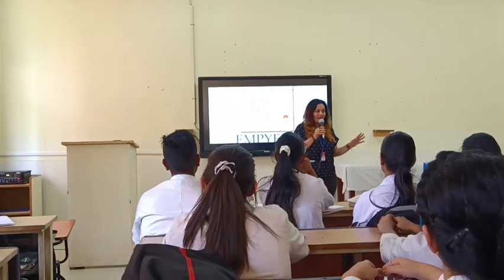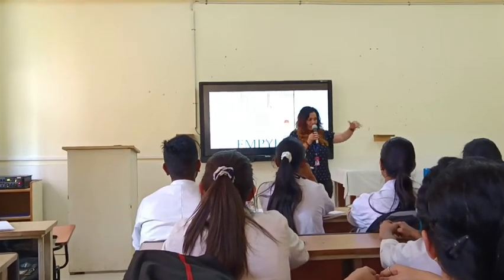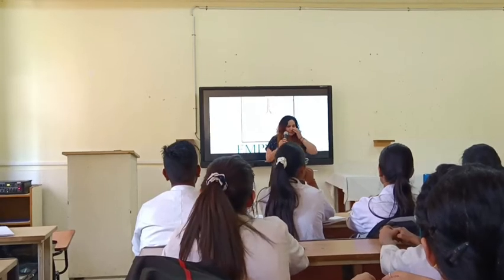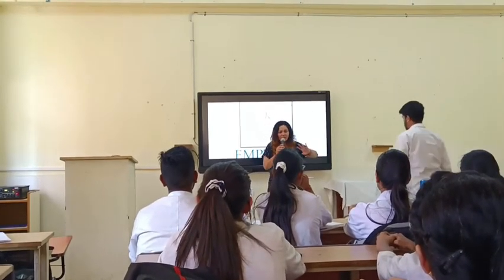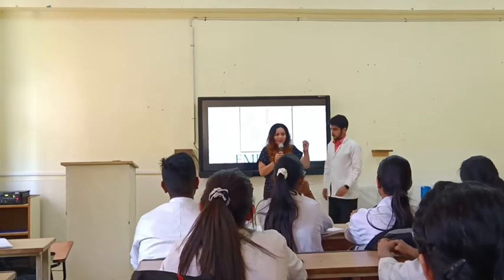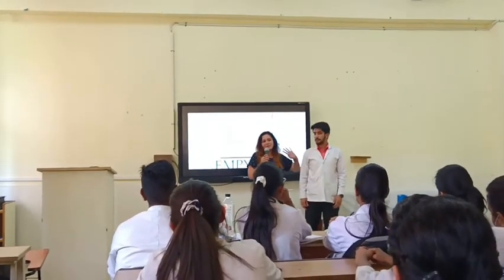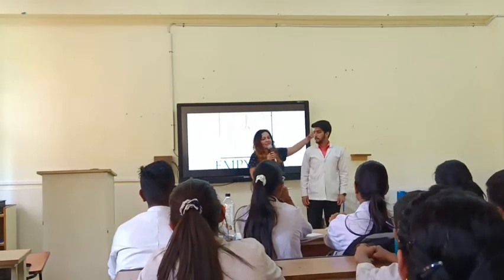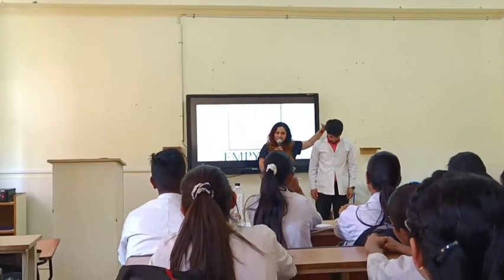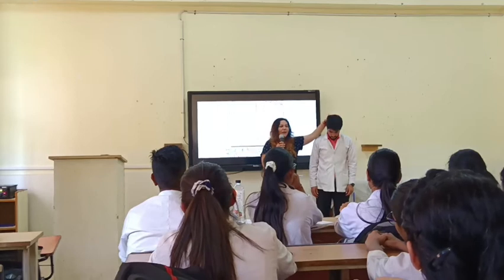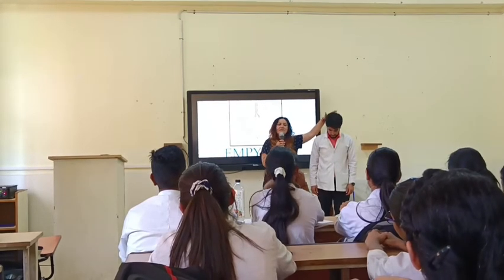Can you all understand? One student, come here. I'm just giving you an example to understand negative and positive pressure. Suppose we are not talking about the respiratory muscle. In general, he is flexing his neck, right? Now he has to extend his neck.